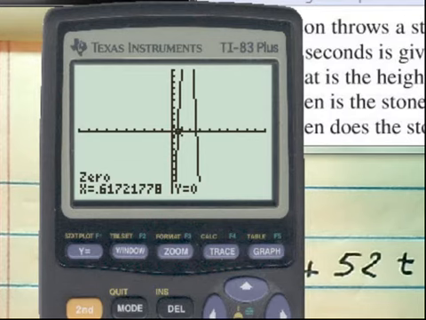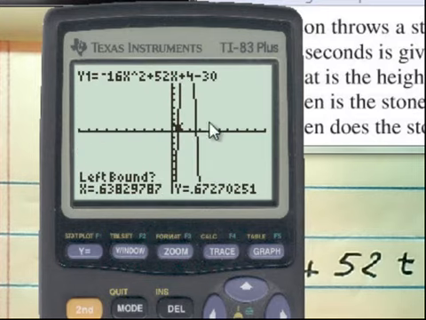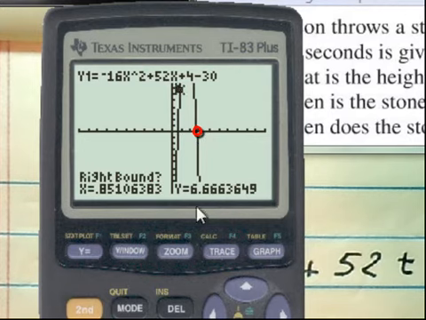But again, the stone goes up and then back down, so it's going to hit 30 feet in a different spot as well, or at a different time. So second, calculate again. We're still looking for the 0. We just have to be to the left of this point. Technically, I'm to the left right now, so I could just push enter if I want. Notice the y value is positive, and so I need to move to the right till it gets to the right of this.